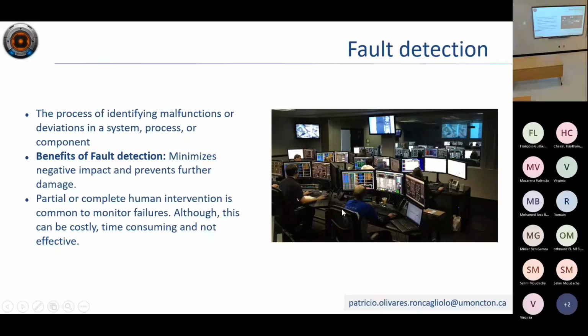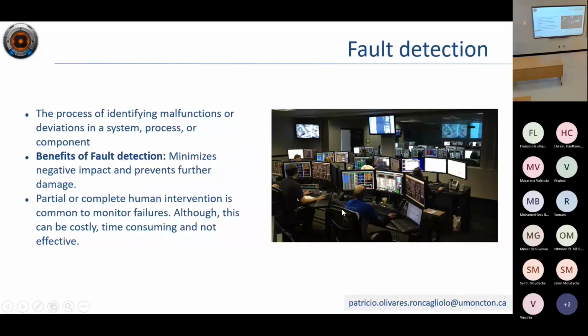And of course, you will see in multiple parts, in multiple areas, that one way to try to solve that is just take people, normal people, use partial or complete human interaction with your system, and people will try to take a look in what are the possible problems that can be produced in your system.